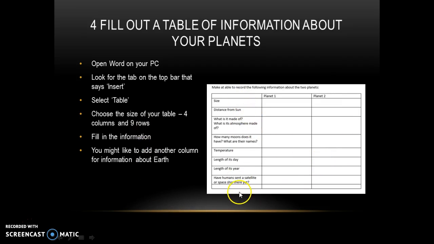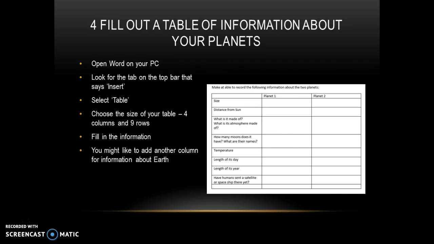And you can have 9 rows. It's up to you if you want to divide this information up a little bit more. So fill in your information, and then you'll be able to compare that. I will do another video later about making tables in Word.